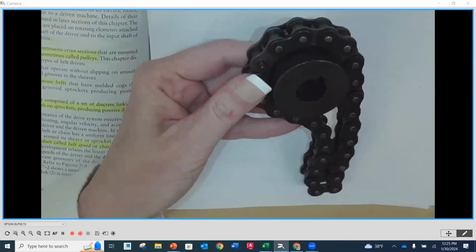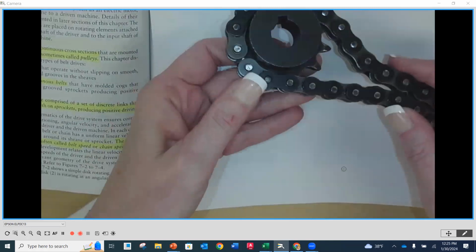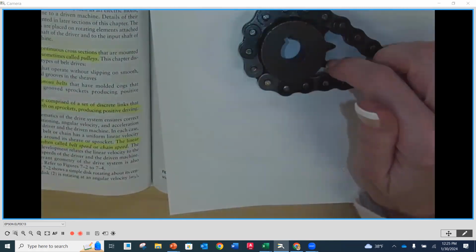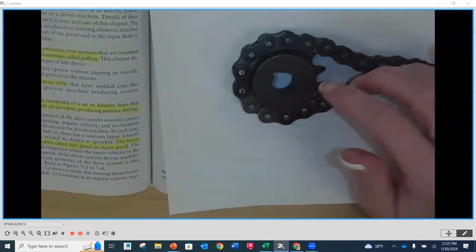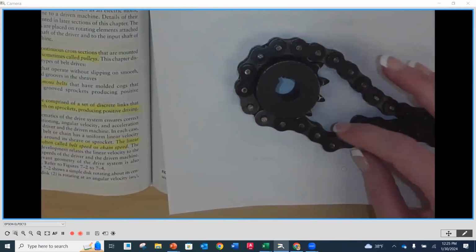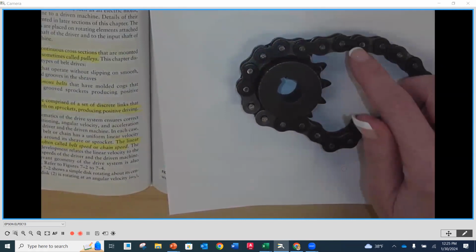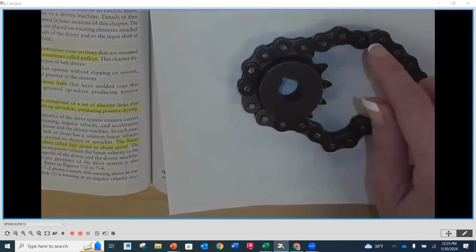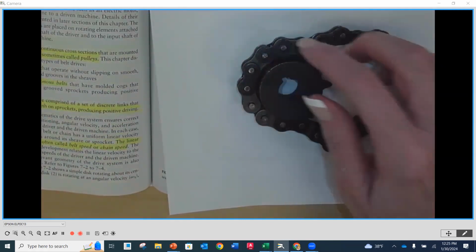So when we're specifying a chain drive, we're specifying the sprocket. This is called the sprocket when we have a chain drive. And then we're also going to be specifying the chain, how long it is. And then we're going to be counting these pitches. This is a pitch, a pitch, a pitch.